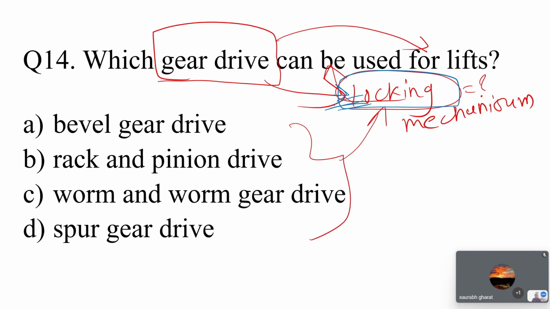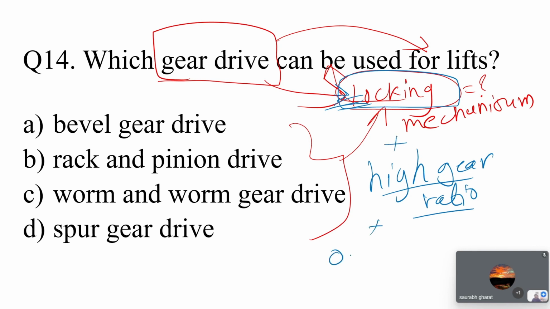So what is required here is a locking mechanism, where power should not be transmitted. And again, you can have a high gear ratio. So a high ratio, and the power should not be transmitted from output to input. This is the most important thing in case of lifts, to prevent it from failing.